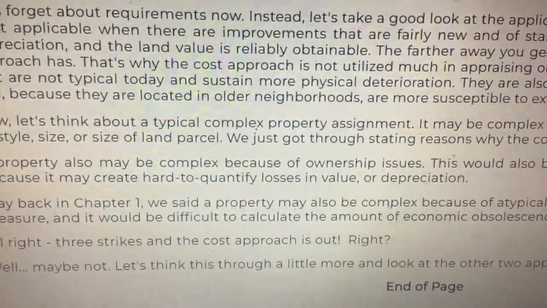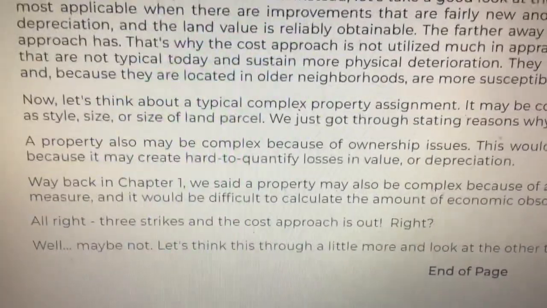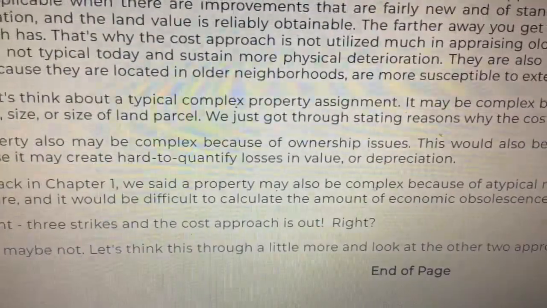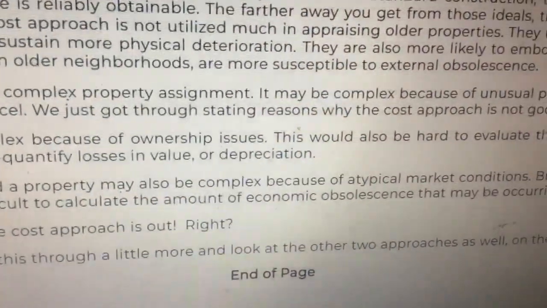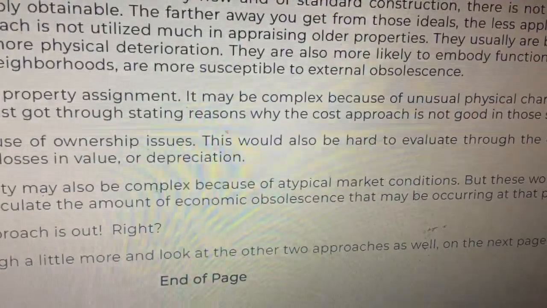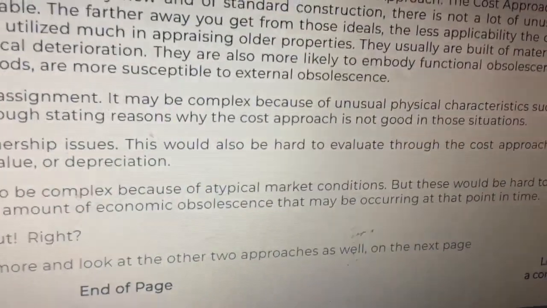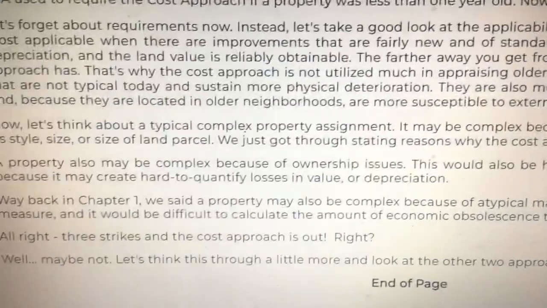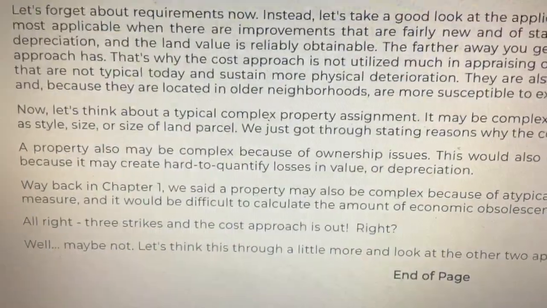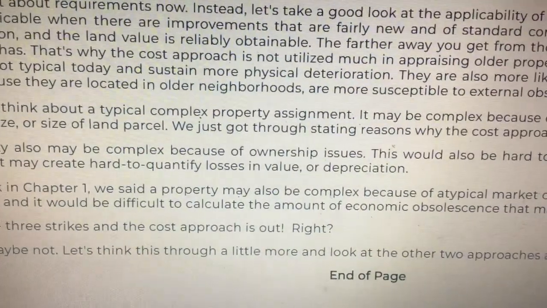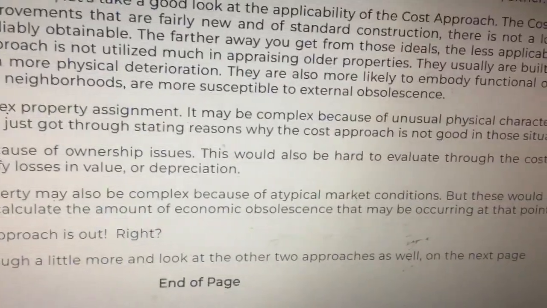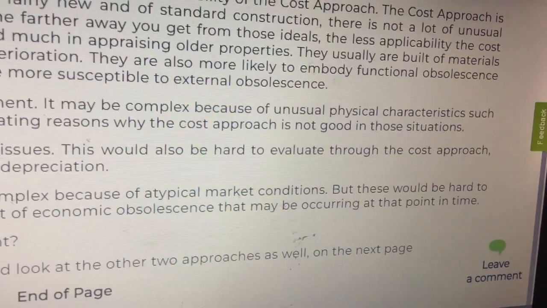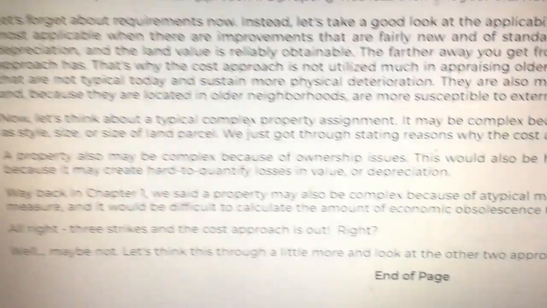value or depreciation. Way back in chapter 1, we said a property may also be complex because of atypical market conditions, but these would be hard to measure, and it would be difficult to calculate the amount of economic obsolescence that may be occurring at the point in time.